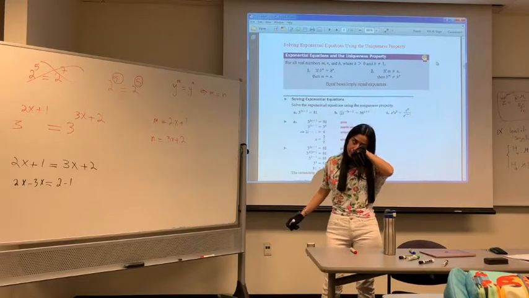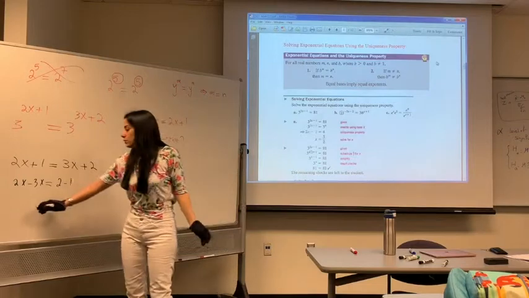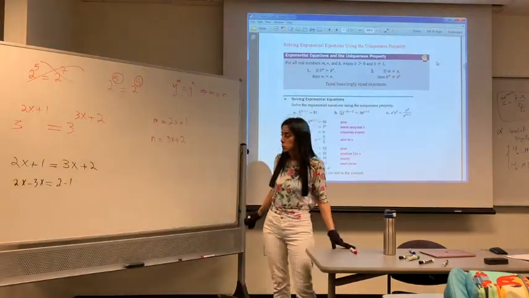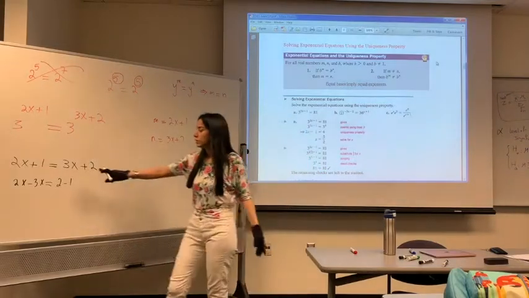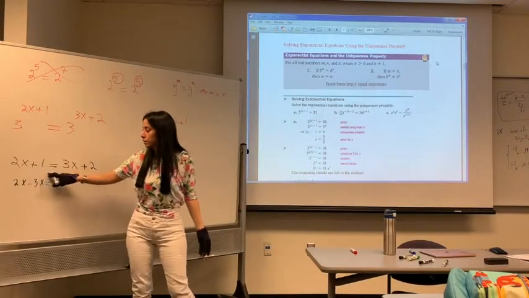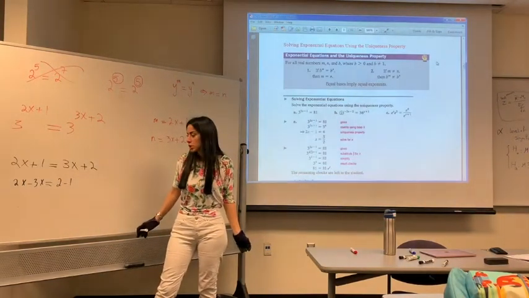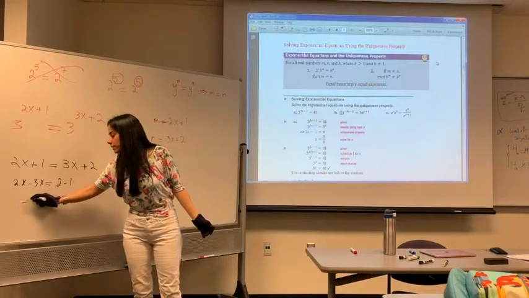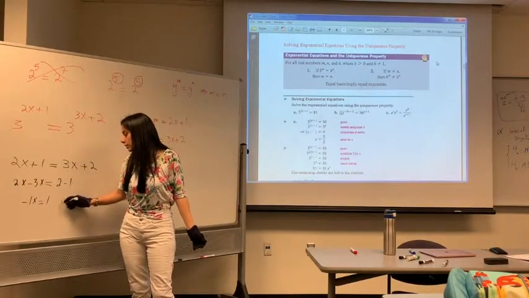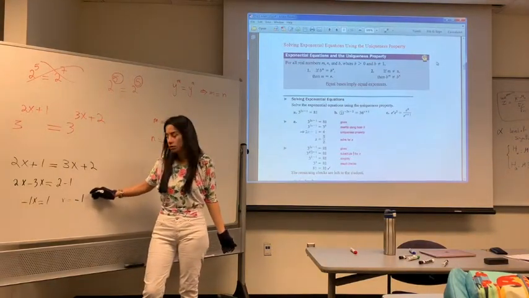I brought this to the other side, and then brought this one to this side. So we have negative 1x equal to 1, so x is equal to negative 1.